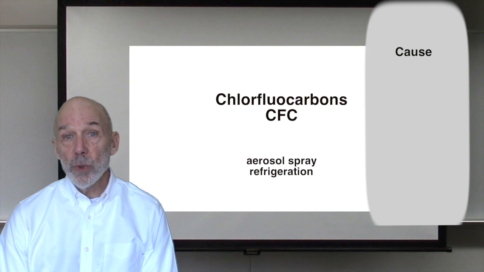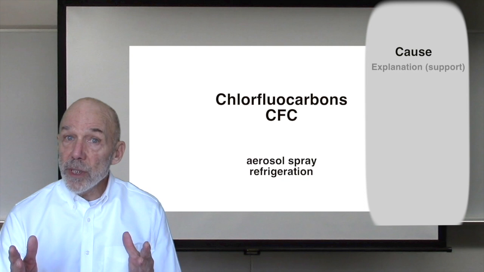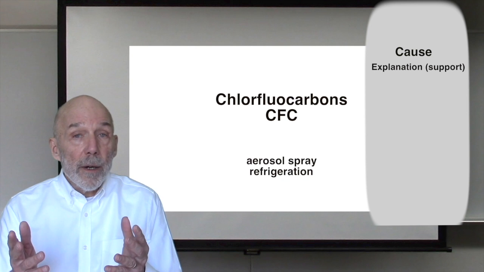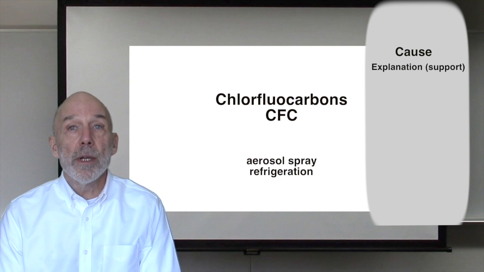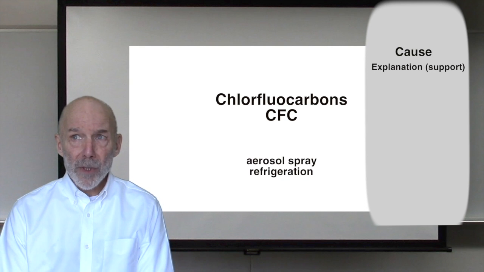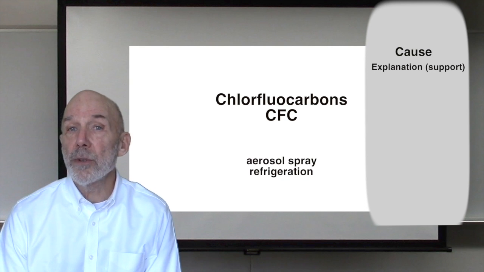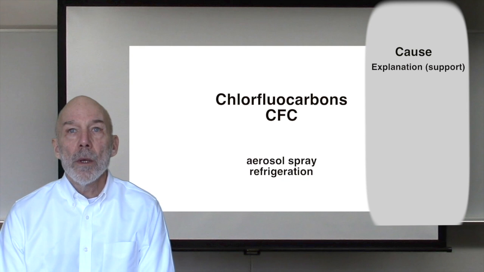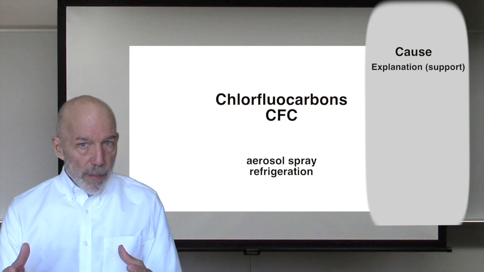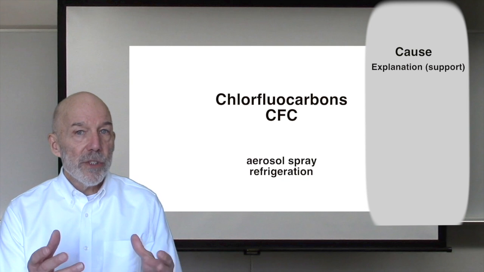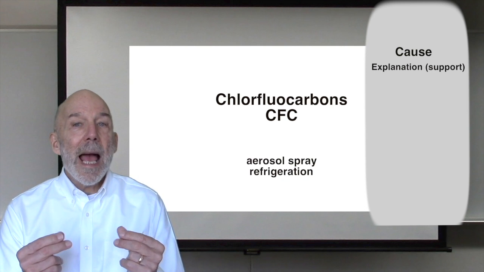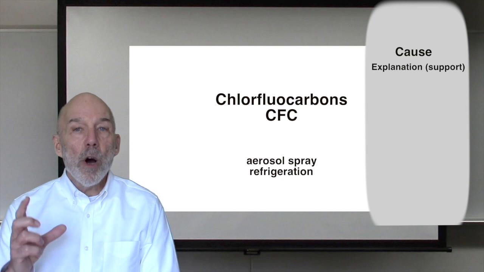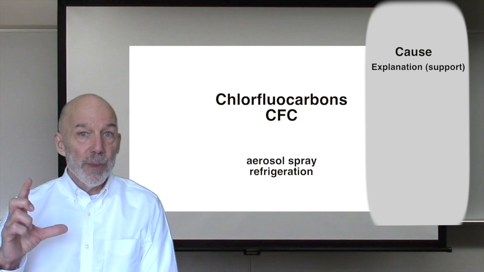And what happens is when these chemicals are released into the atmosphere, they float up to the ozone layer and migrate to where it's coldest. So the depletion of the ozone layer is greatest in the polar regions where it's coldest. Well, these chemicals float up, migrate to cold areas, and then react with ozone molecules, breaking them up, causing the ozone layer to become thinner.